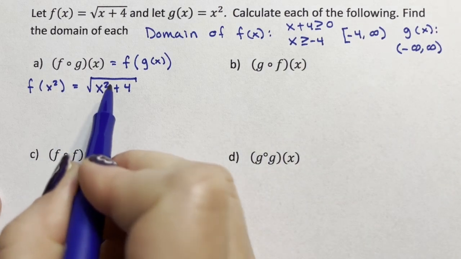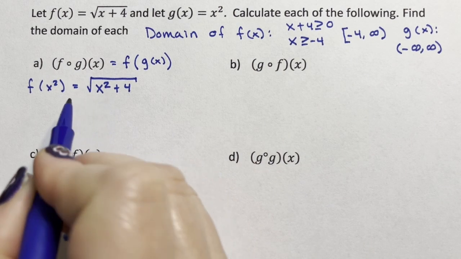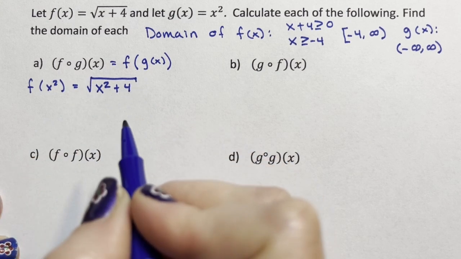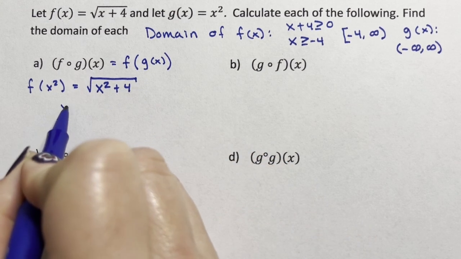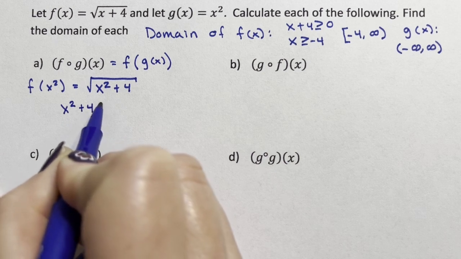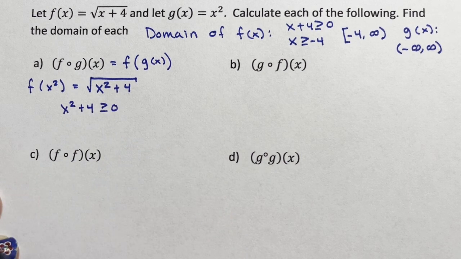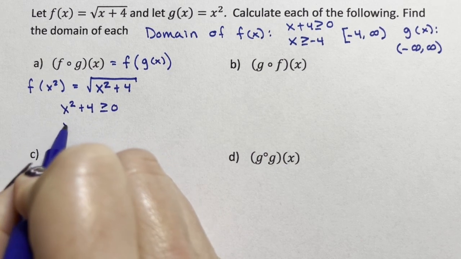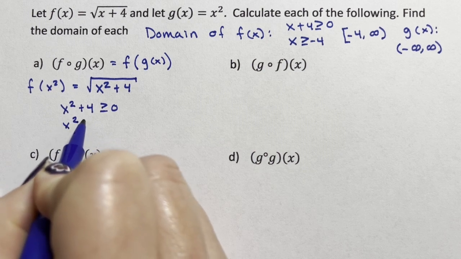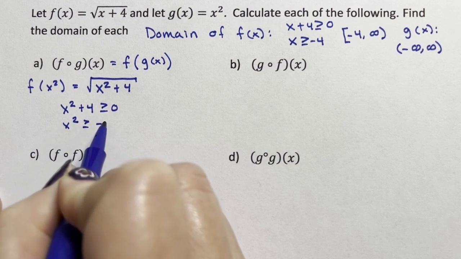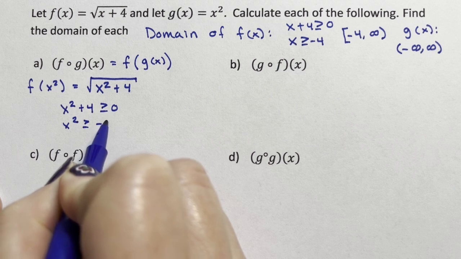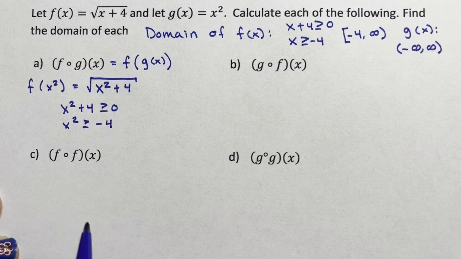This one's kind of interesting. Because we're under a square root, what's under the square root has to be positive. So x squared plus 4 has to be greater than or equal to 0. But that means x squared, which is always positive, has to be greater than or equal to negative 4.